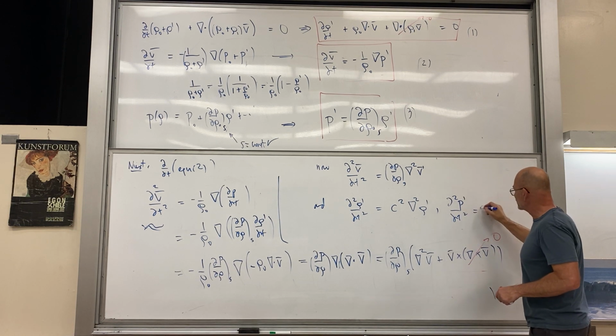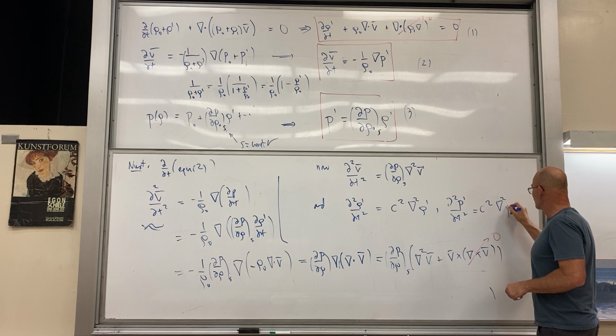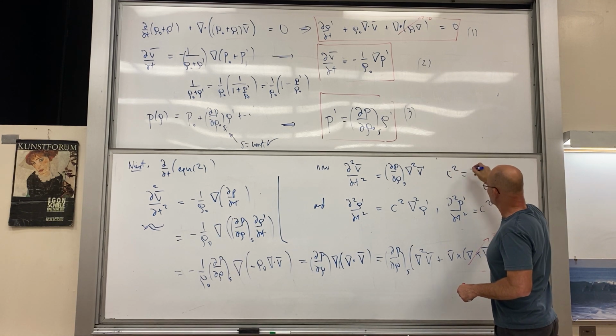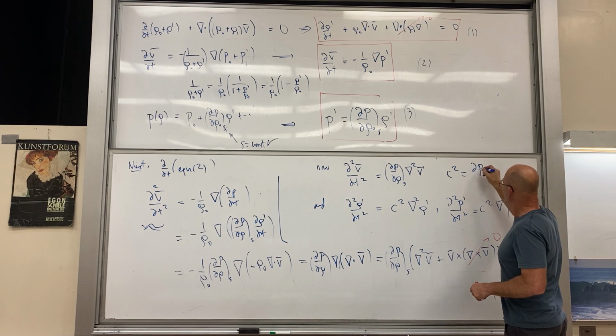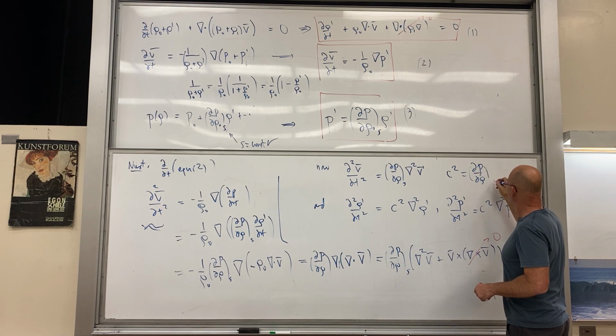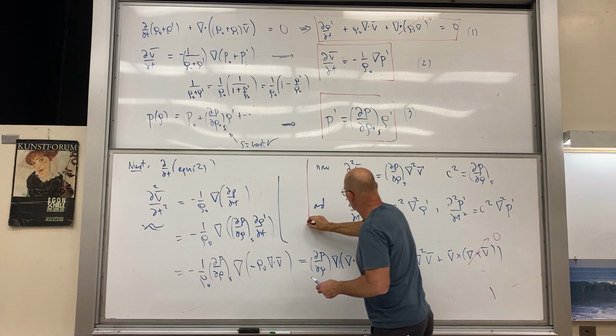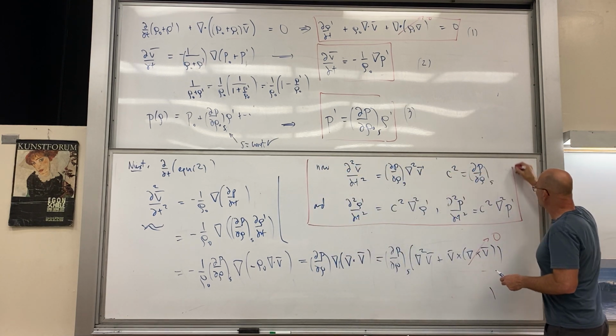So we've got wave equations for the whole thing. Del squared p prime, and I've got my definition of c squared at constant s. So there you have it. This is what we've arrived at.